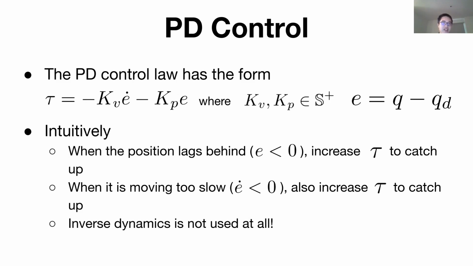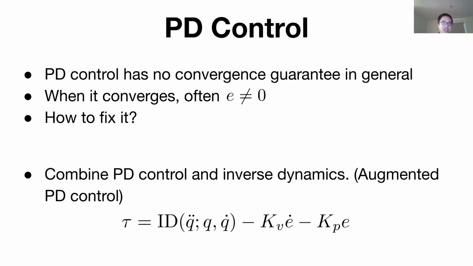We can see that here, inverse dynamics is not used at all. So is there any problems? Well, it turns out that the PD control does not guarantee the convergence of E. And even when the error converges, it is often non-zero.